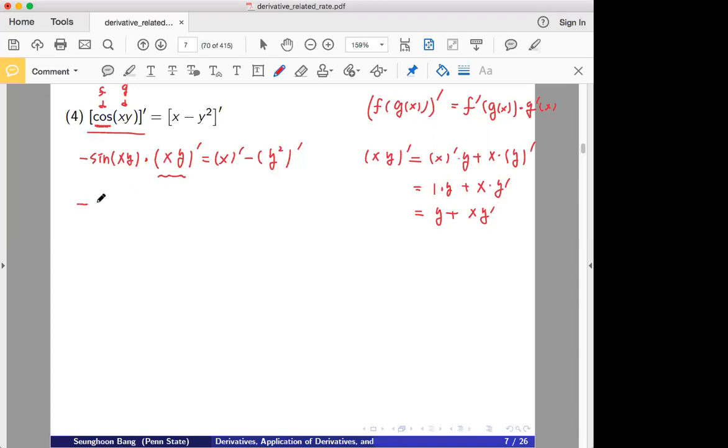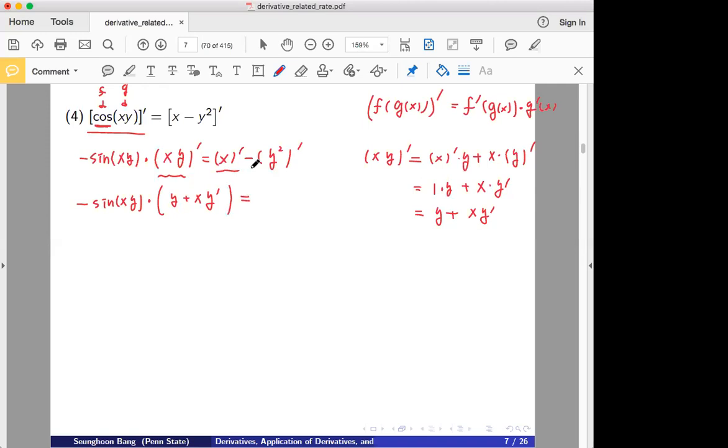We have negative sine xy times the whole thing y plus x times y prime equals, what is x prime? Yes, 1.